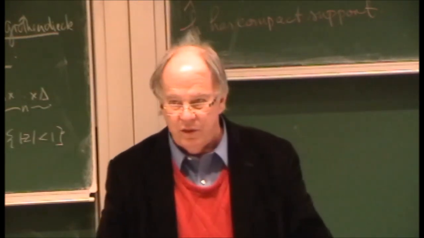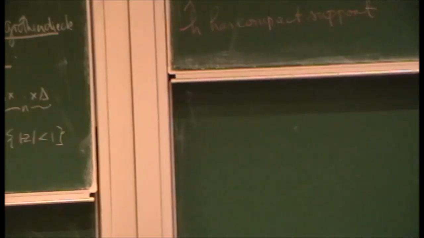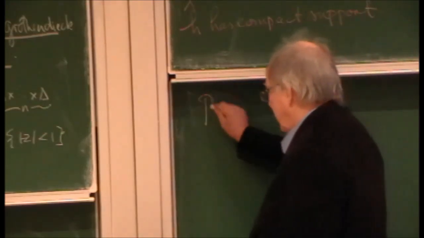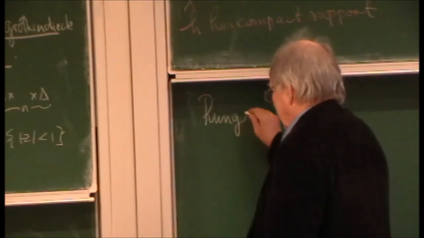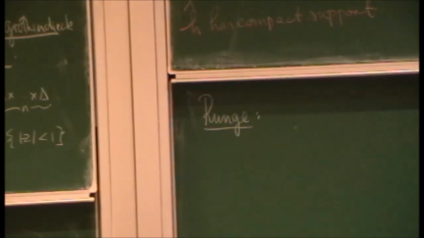Oh yeah, I'm glad you asked. So you haven't had so much experience with Runge, so let's talk about it. The Runge property. When you see the word Runge in pure mathematics, you think of approximation theorems.